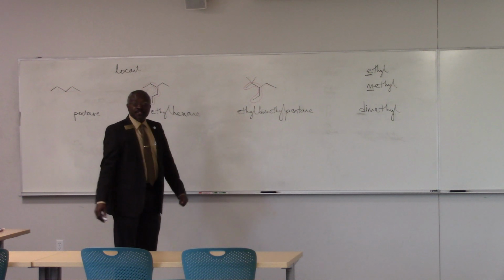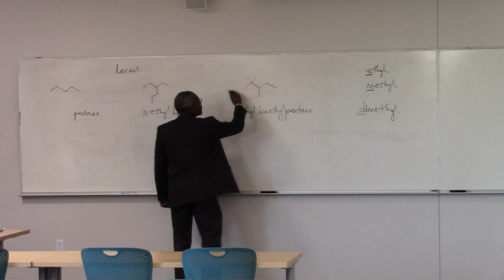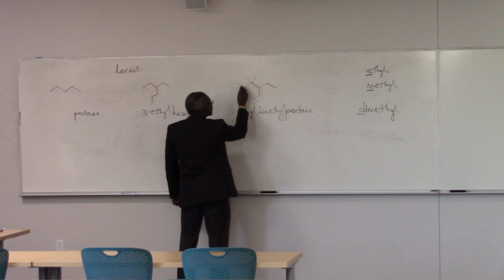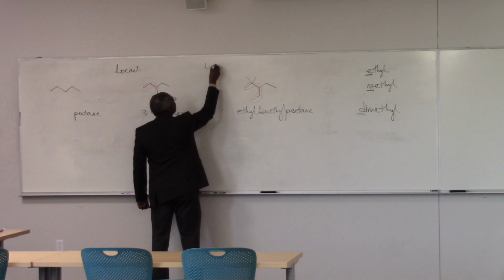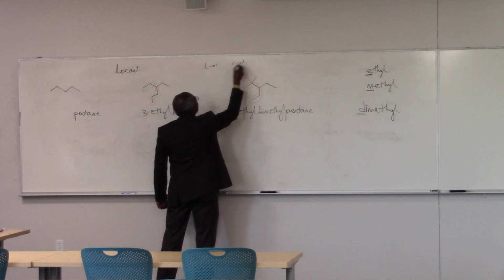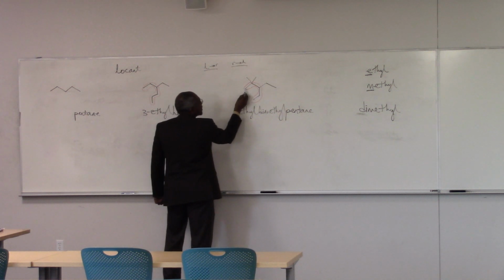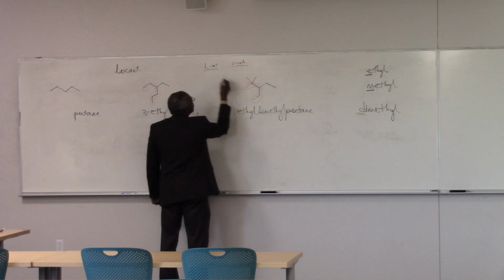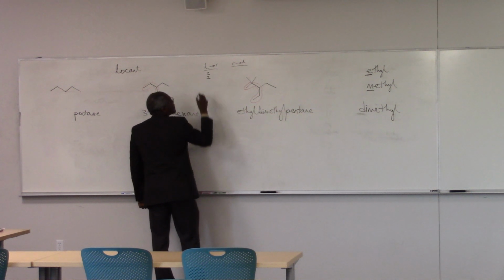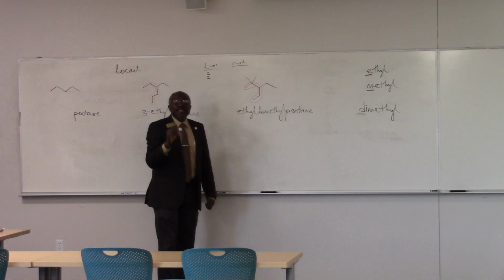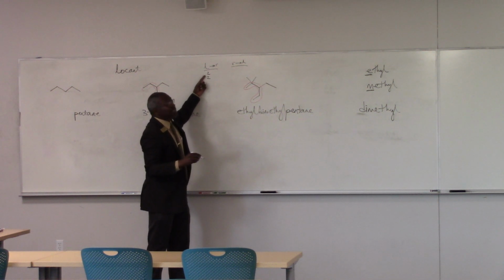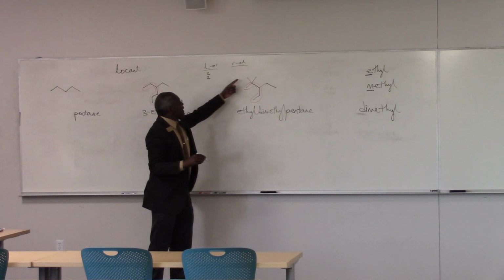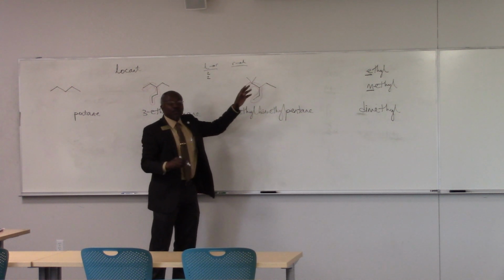So I want to get locus. If I number from left to right, then this will be carbon 1, this will be carbon 2, and each methyl needs its own locant, even though the 2 locants are the same. So each substituent must have its own locant.